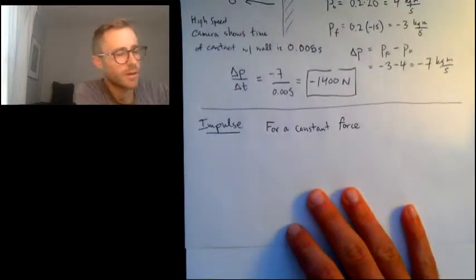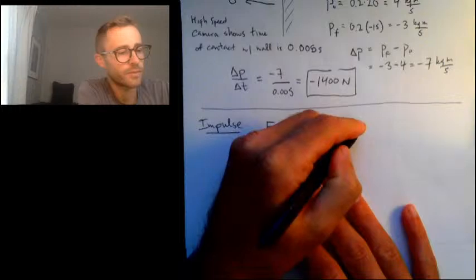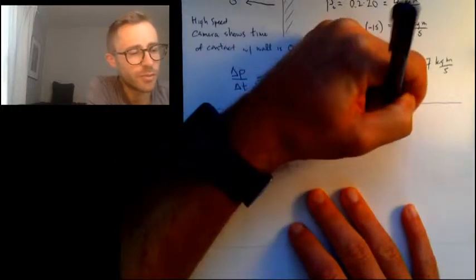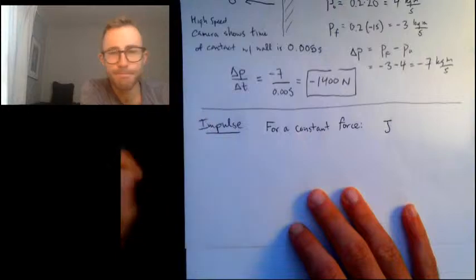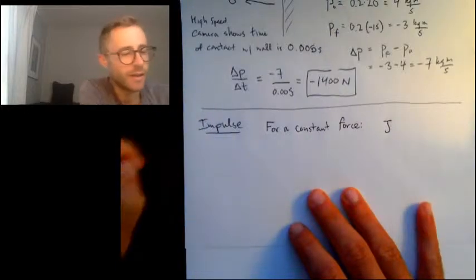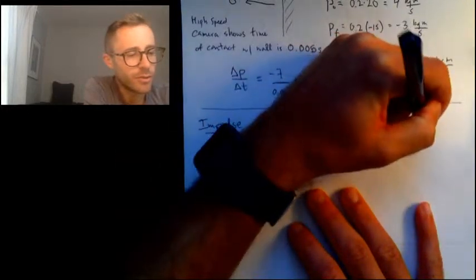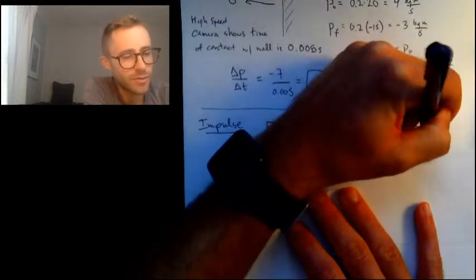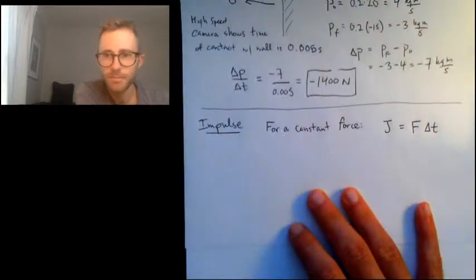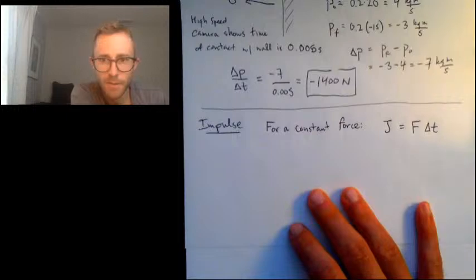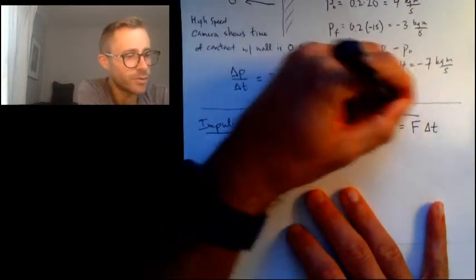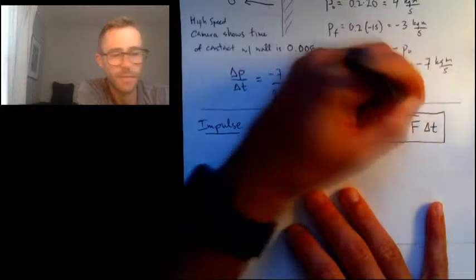Okay, for a constant force, the impulse is denoted by J, and it is equal to the force that acts times the time that it acts for. Okay, so this is the definition of impulse for a constant force.